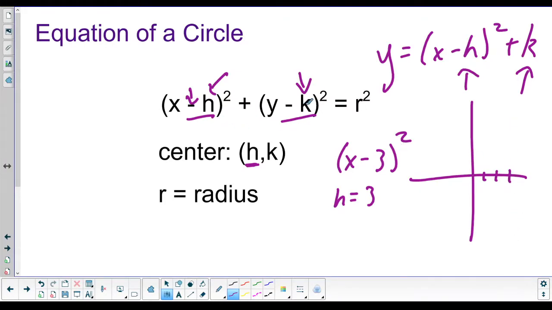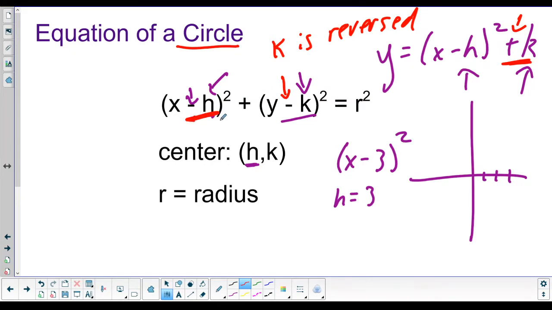K, for circles and hyperbolas and ellipses, is actually kind of backwards from the way we've always seen it. Normally we think of k as just being whatever number we see right here, but that's because it's always plus k. In this equation, and hyperbolas and ellipses, we have minus k. So that means for circles, k is reversed, just like h is reversed.